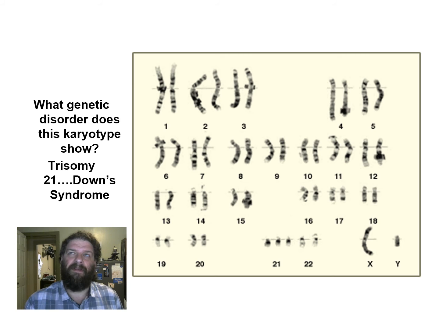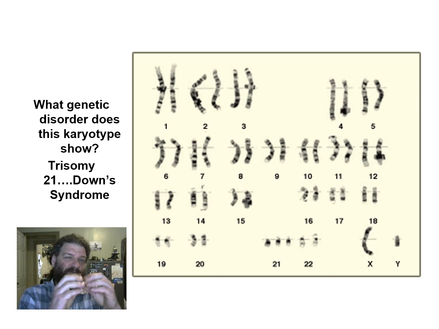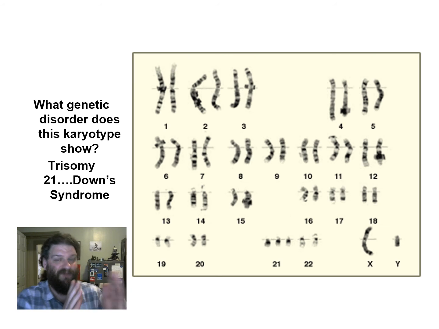Now, they're supposed to divide equally, but sometimes there can be mistakes, right? And this is where we can start to get some chromosomal abnormalities. We can get some chromosomal mutations taking place. It's a process called non-disjunction, when those homologous pairs are supposed to separate and they don't do it equally. So you'll get 3 going to one side and 1 going to the other side.